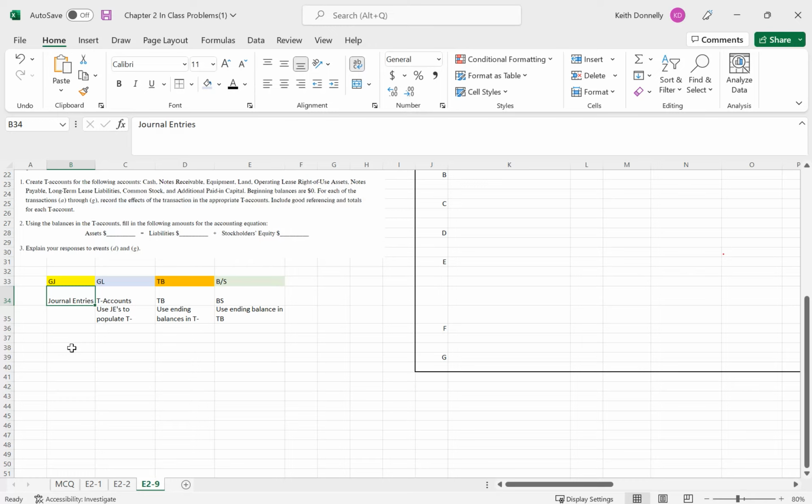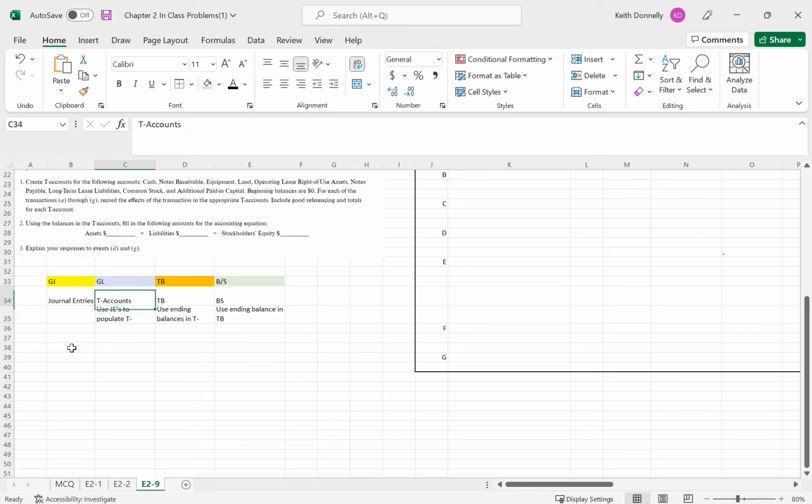1, 2, 3, 4, as they happen throughout the year. Then afterwards, we have our general ledger, which is the T accounts, right? We have all these T accounts, and every time we have a journal entry, we populate one of the T accounts.